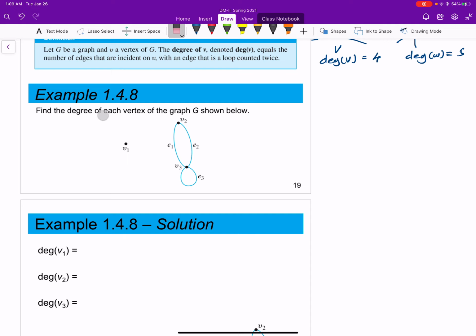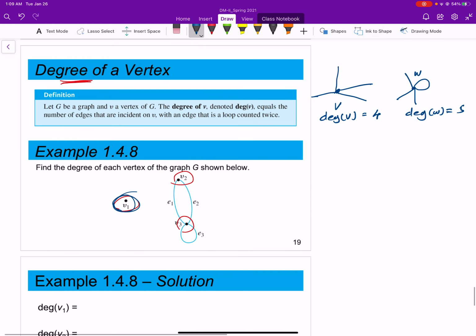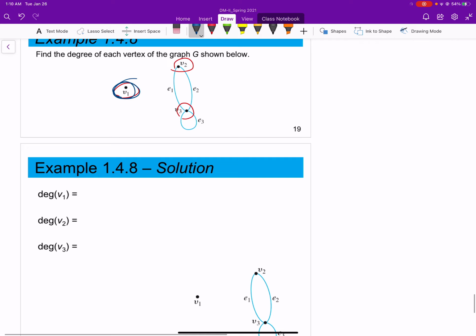Find the degree of each vertex of the graph G shown below. All right, so how many vertices are there? 1, 2, 3. There are 3 vertices. Degree of V1. Okay, no edges are incident to this, so the degree is 0.